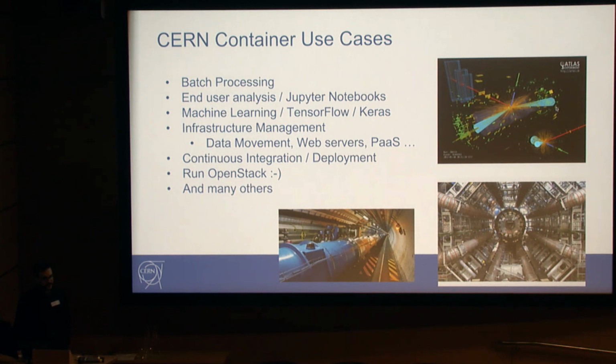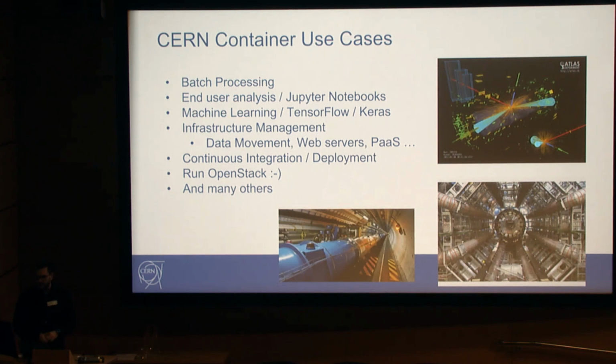What we use our container service for, the most important part is batch processing, and it's almost the same use case as SKA. You have scientific workloads and you want to process them in batch with opportunistic compute resources or not, and you just need raw compute power. So this scales very well with a container service that runs on Kubernetes or Docker Swarm.